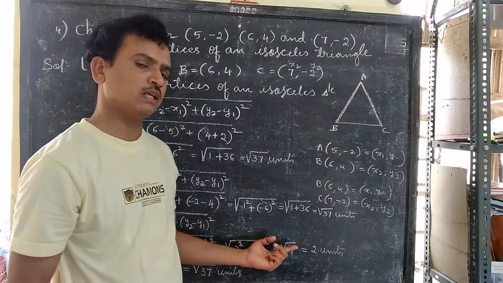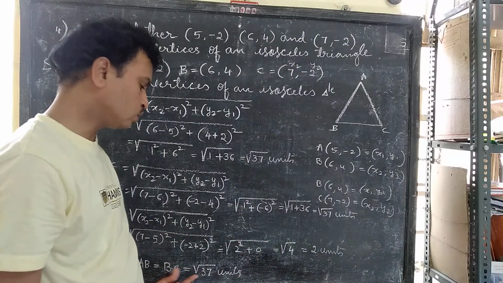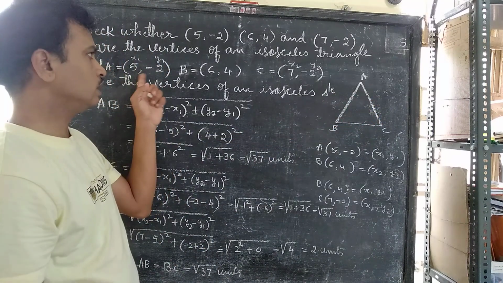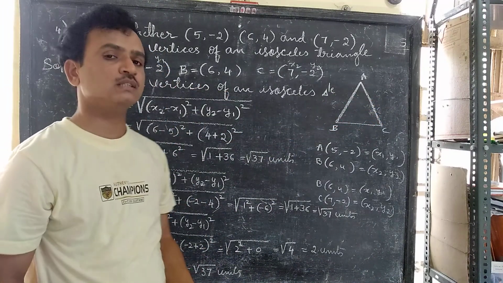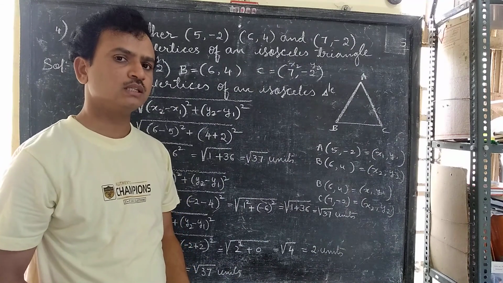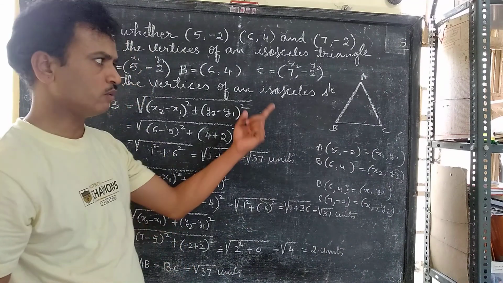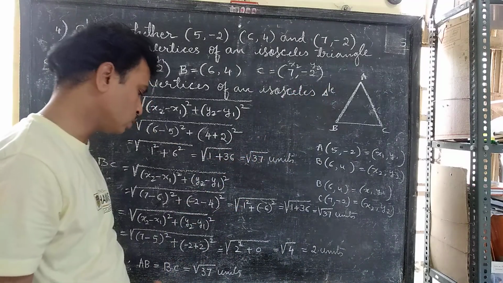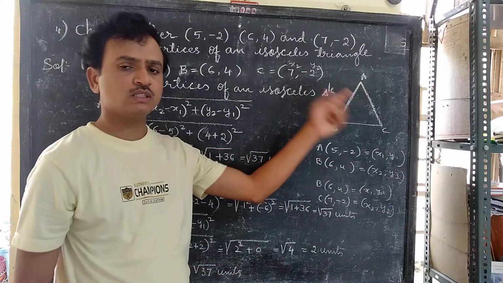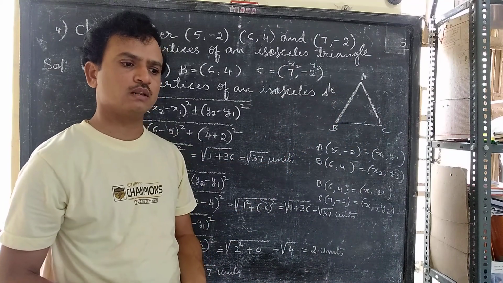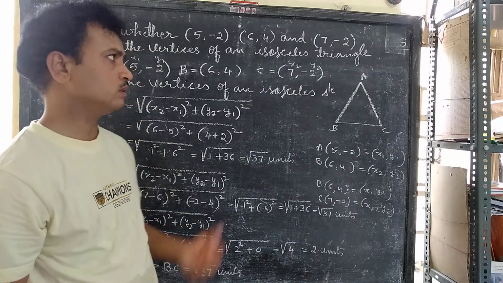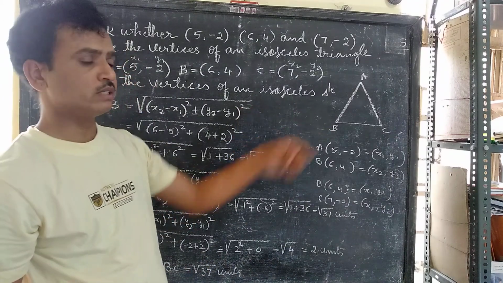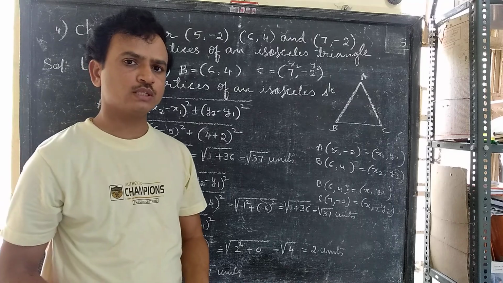We got two sides equal, so what should we write here? The given points are vertices of an isosceles triangle. Here we got two sides equal, that means it is an isosceles triangle.